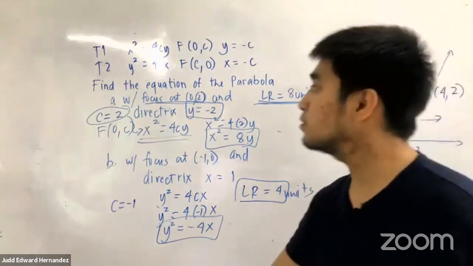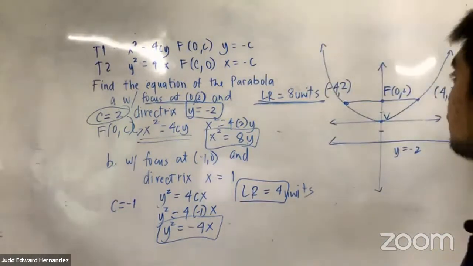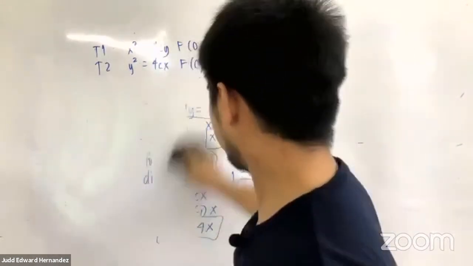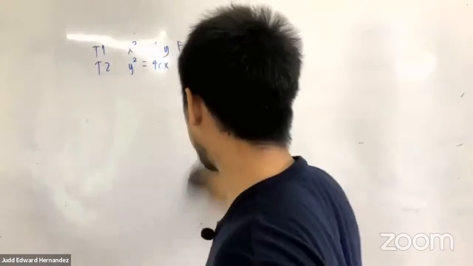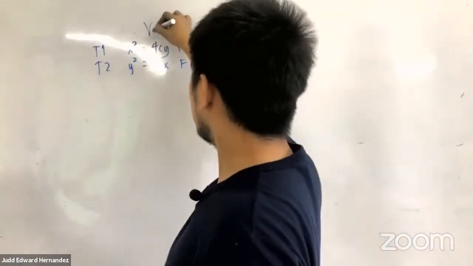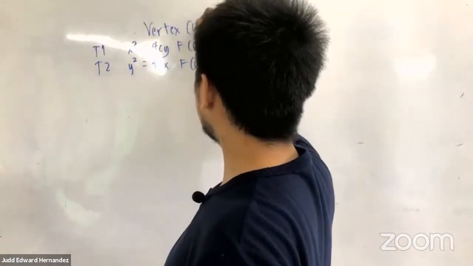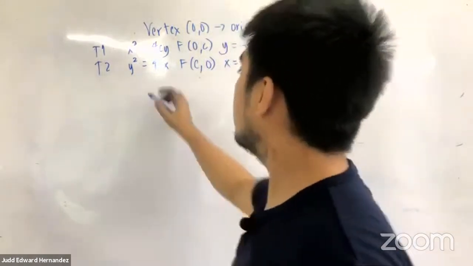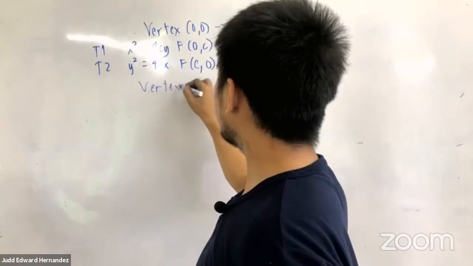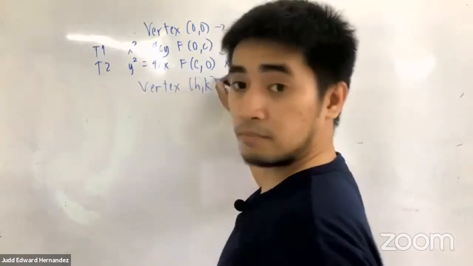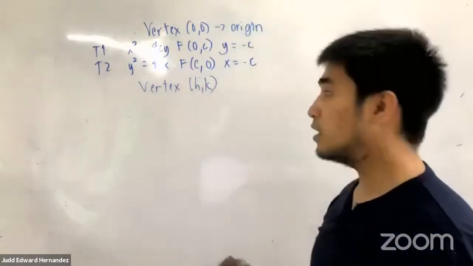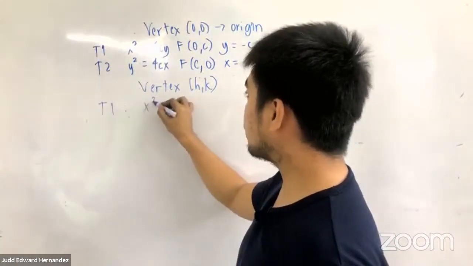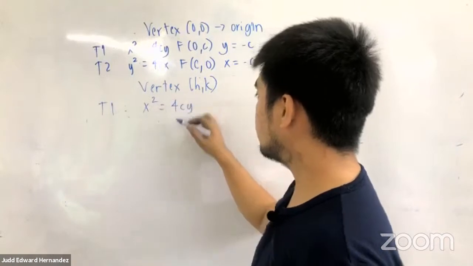Okay. So, let's have, what if naman yung vertex wala na siya sa origin? Okay, anong gagawin natin? Anong formula? This is the formula if the vertex is located at the origin or point 0, 0. Okay, what if the vertex now is located at h, k? Okay, so sulat ko lang, dalawa lang naman yung formula for Theorem 1. Ang unang formula natin is x squared is equal to 4cy.